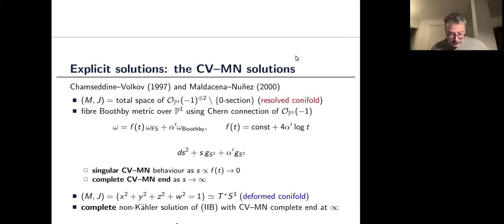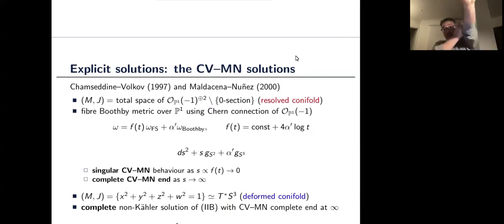But once you introduce this complete end and singular end, then we have these two examples: on the resolved conifold, the singular solution that is, however, forward complete, and on the deformed conifold, a perfectly smooth complete solution.